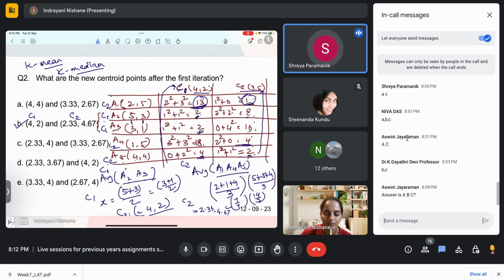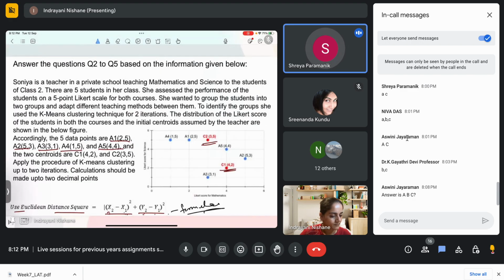We have to calculate all the things, and after that we go for the second iteration. If it remains the same, we don't proceed to the next iteration, and if it is not the same, then we go for the next iteration. You don't have to worry about that. It will be mentioned in the question. Like here also, they have mentioned you have to go up to only 2 iterations.